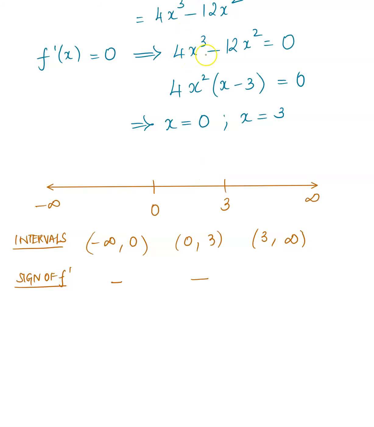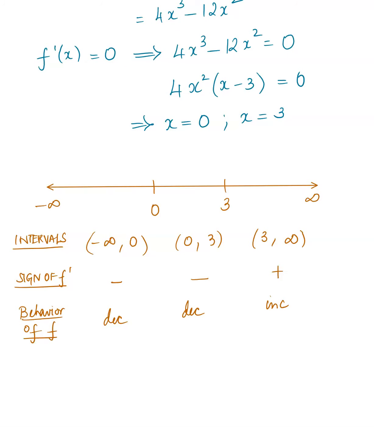So 4 times 1 cubed minus 12 times 1, so 4 minus 12, negative. And then choose some point from here, let's say 5 or even 4, and that comes out as positive. Then the behavior of f will be decreasing, decreasing, increasing.